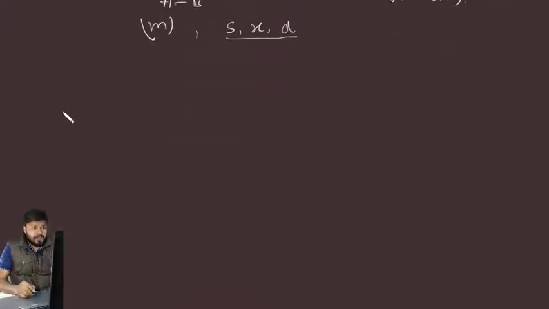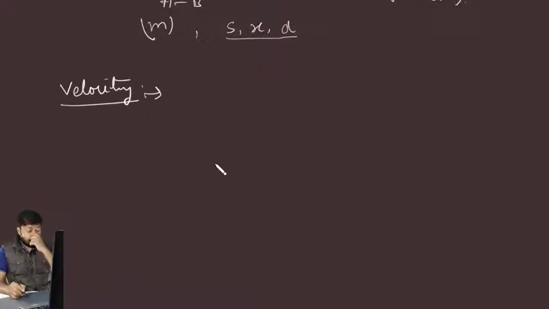Now let's go to velocity. The next variable is velocity. Again, velocity is a vector quantity, and it is defined as how fast the displacement of the body is happening.